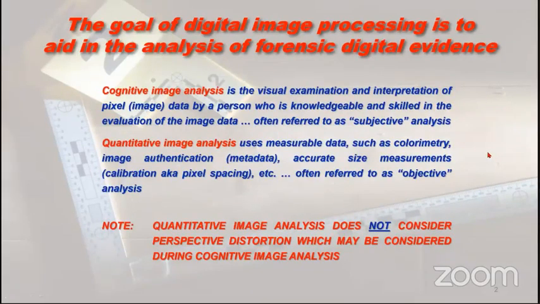There's one problem that we get into, especially with certain disciplines such as trace evidence, like footwear or tire tread, because quantitative image analysis does not consider distortion issues. One of the greatest problems we have in photographing footwear or tire tread is perspective distortion.